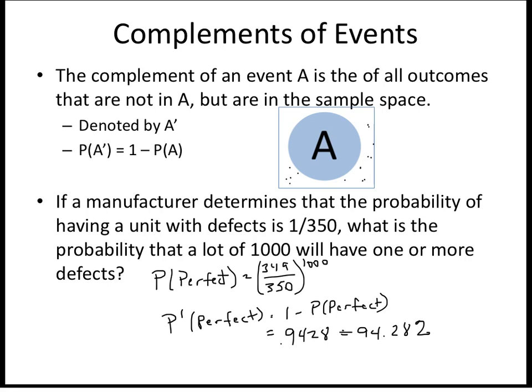Okay, so if 1 out of 350 are defective, that means that you have a 94% chance that a lot of 1,000 will have at least one faulty unit. So you're going to have a pretty good chance that at least one unit in a lot of 1,000 will be faulty. Okay.